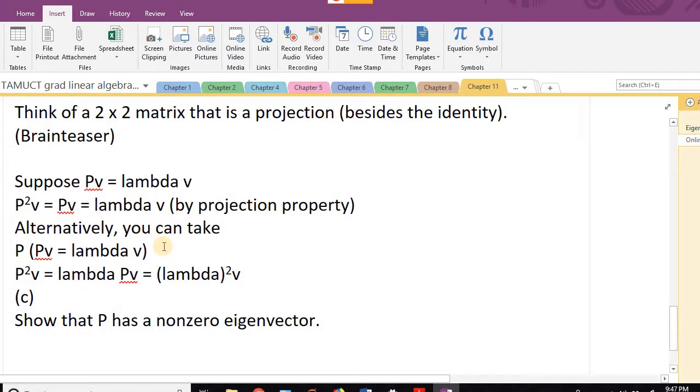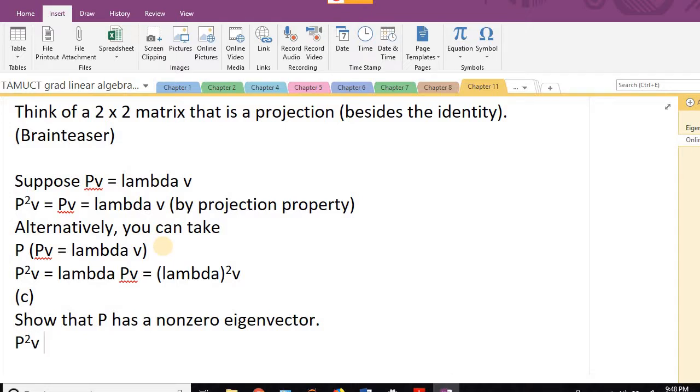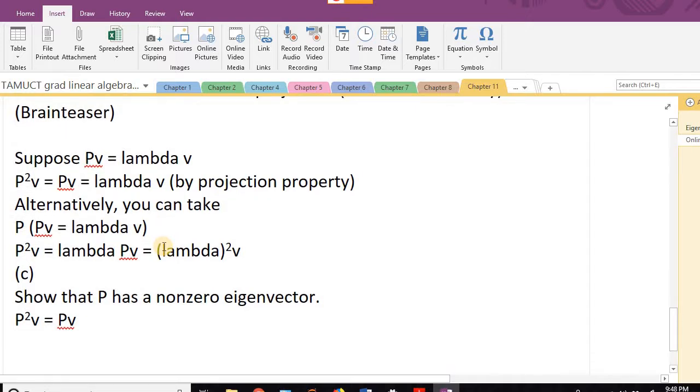One thing that we know is P squared V equals PV. That's what we know.